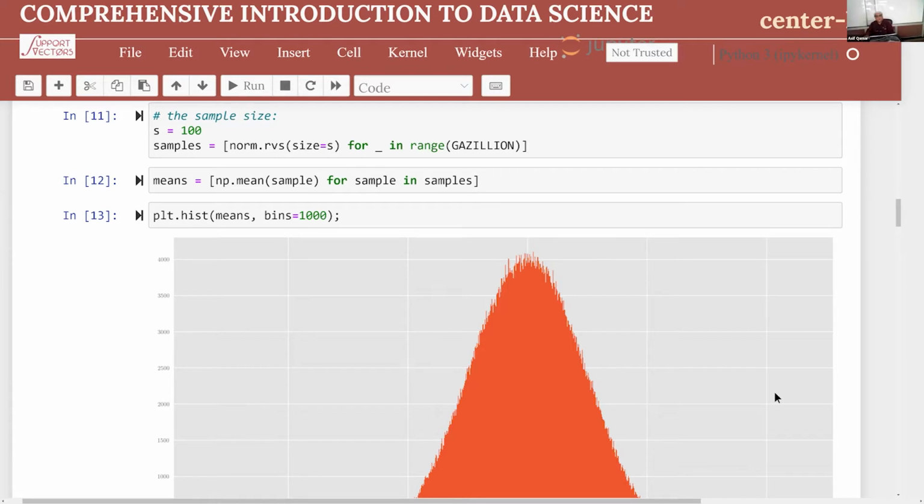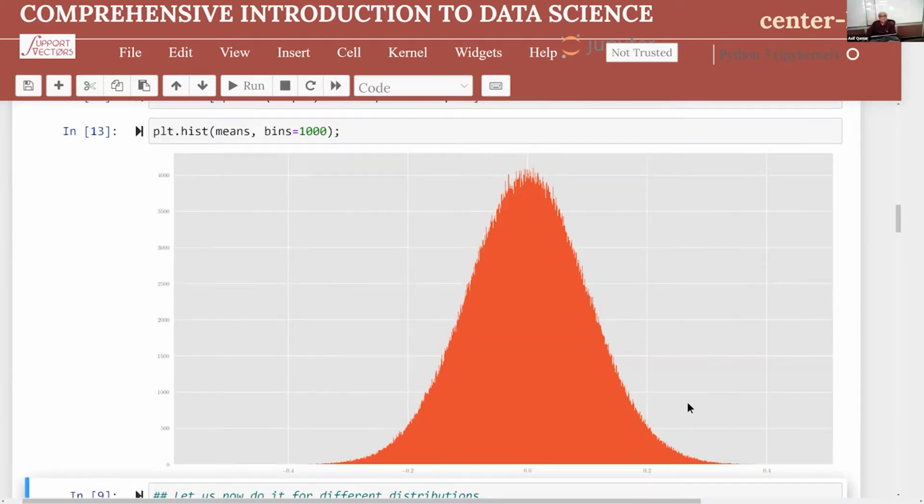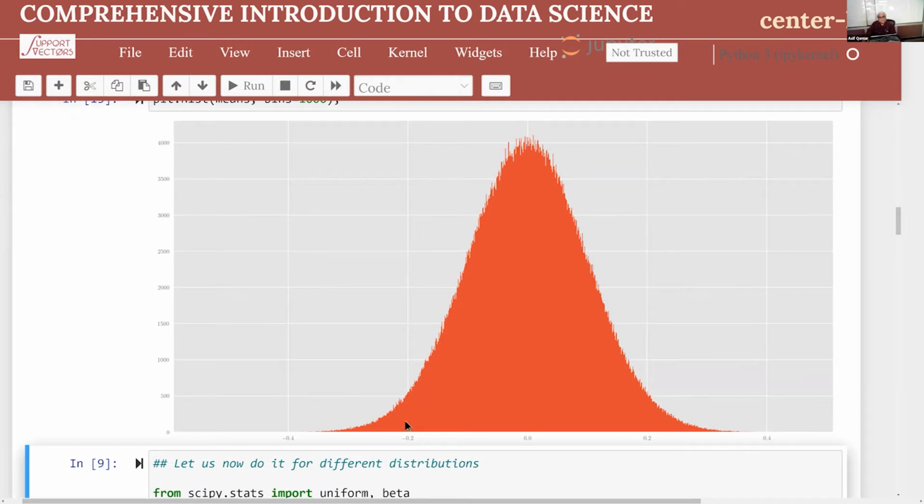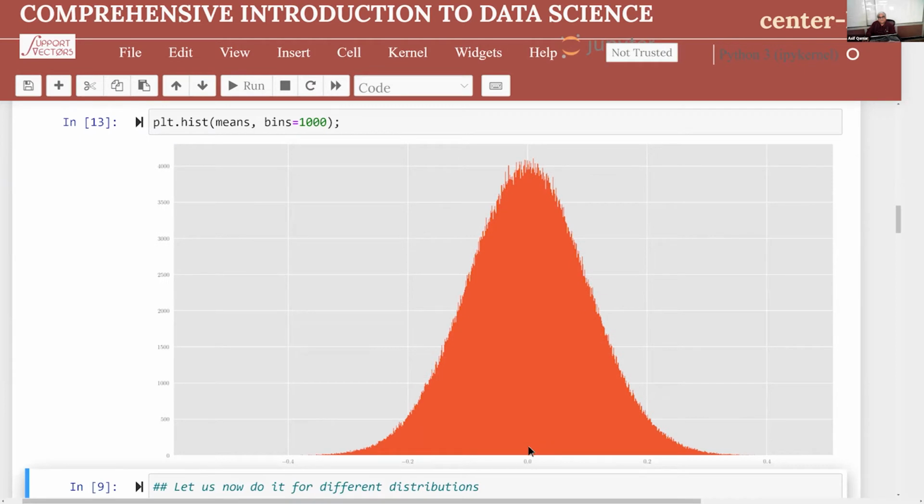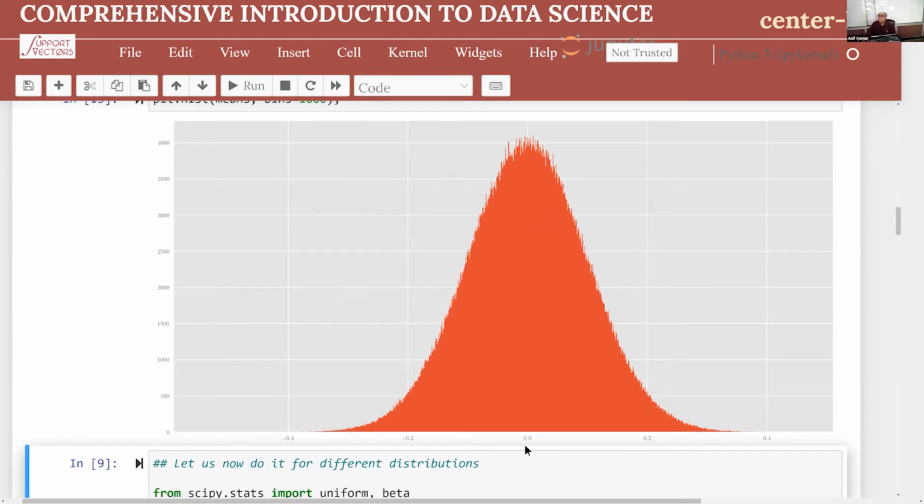So guys, are we all here so far? You notice that this bell curve is centered around 0. Would it be fair to say that the mean of means is 0? Where is the bell curve centered? At 0, guys? Some response? Yeah, it is 0.